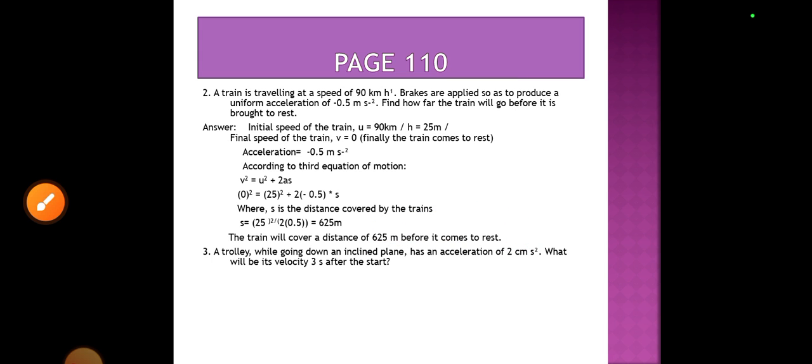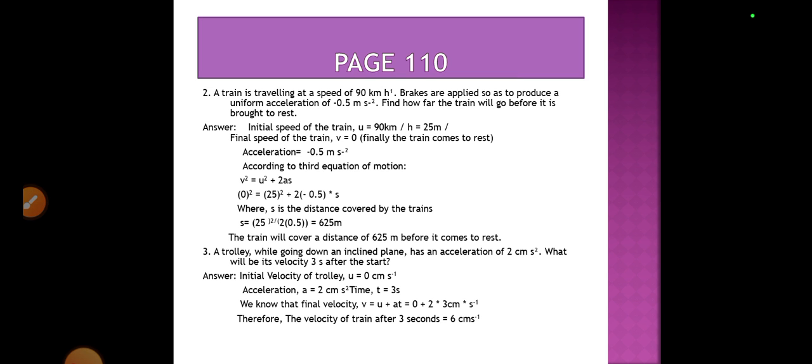So next question. A trolley, while going down an inclined plane, has an acceleration of 2 centimeters per second square. What will be its velocity 3 seconds after the start? Here also the same, initial velocity of the trolley is 0, u is equal to 0, and acceleration is given as 2 centimeter per second square, and time also given, that is 3 seconds.